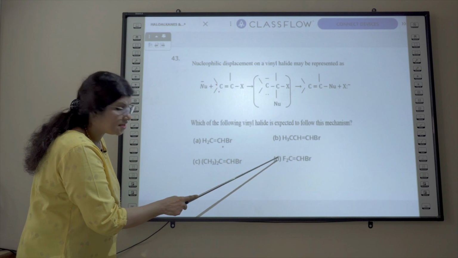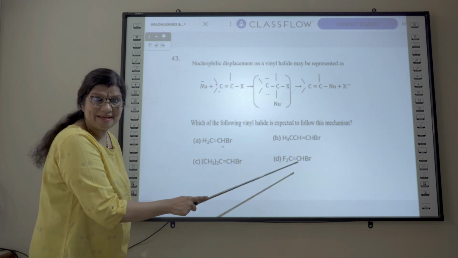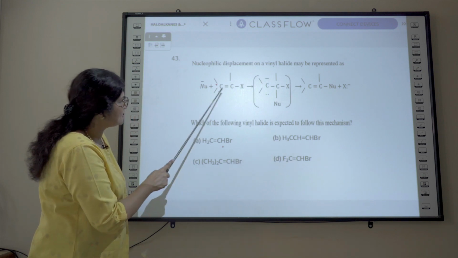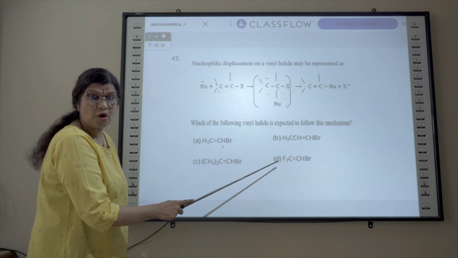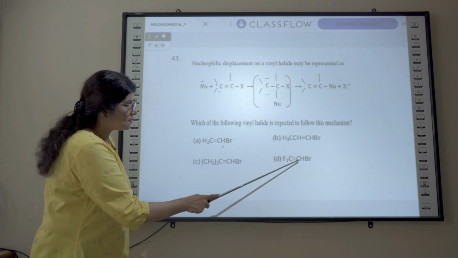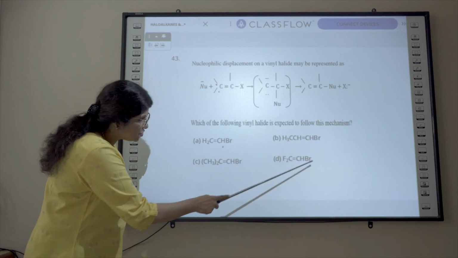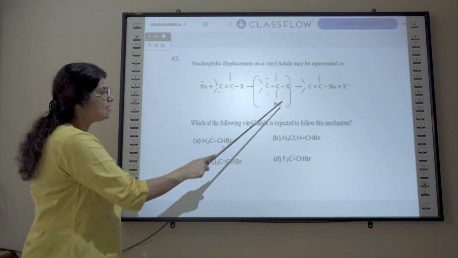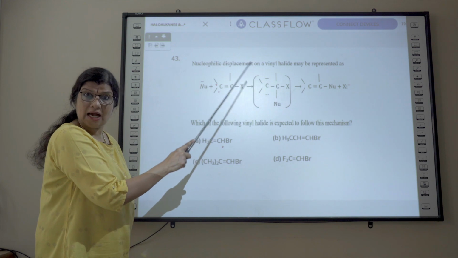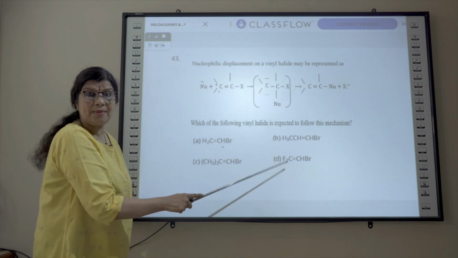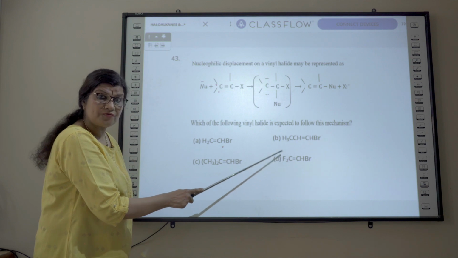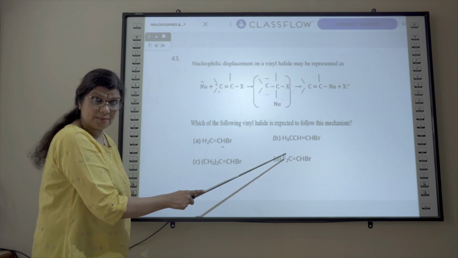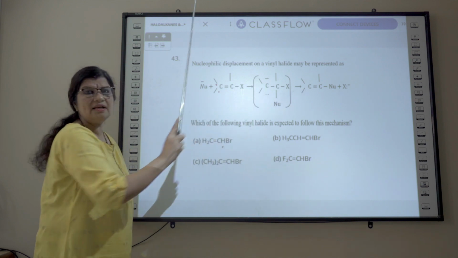That is what is represented in option D. You have two fluorine atoms on this carbon atom. Fluorine is a very strong electron withdrawing group. Option D, CF2 double bond CHBr, would result in a very stable carbanion intermediate due to the presence of these electron withdrawing fluorine atoms, resulting in the final product.